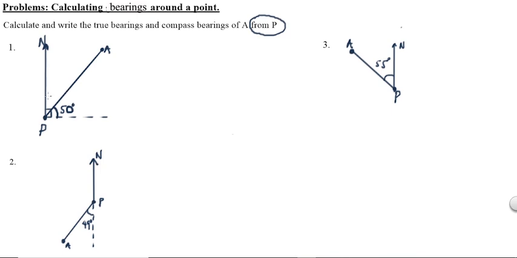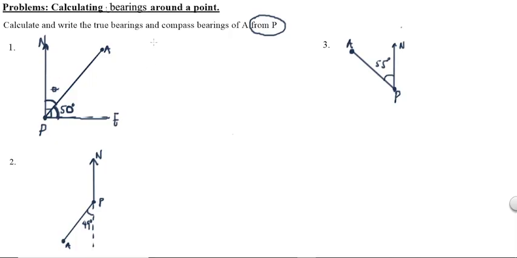For the true bearing of this, this is the east direction, by the way. If the angle of this line to this point is 50 degrees, know that the angle between the east and the north is 90 here. Now the true bearing can be calculated by getting the angle from the north to that particular point. So how do we get this angle? Let's call this angle theta.